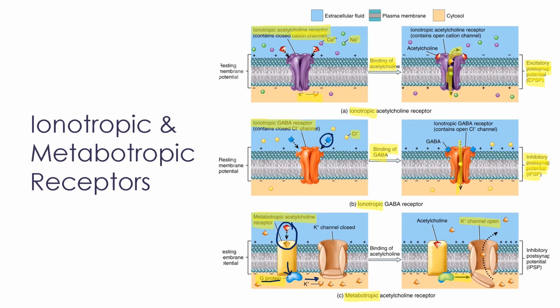So when a neurotransmitter binds to the metabotropic receptor, the G protein will either directly open or close the ion channel, or it may act indirectly by activating another molecule, a second messenger in the cytosol, which in turn will then open or close the ion channel.